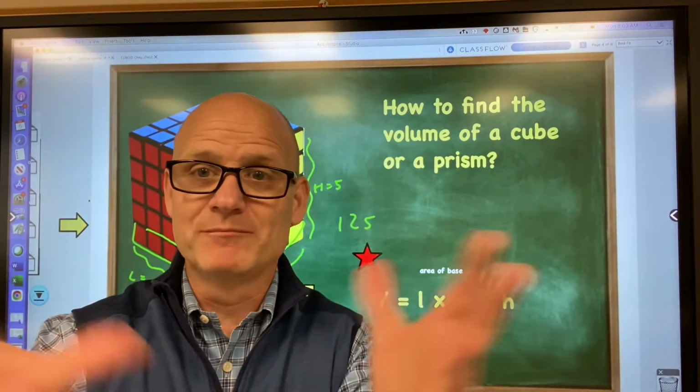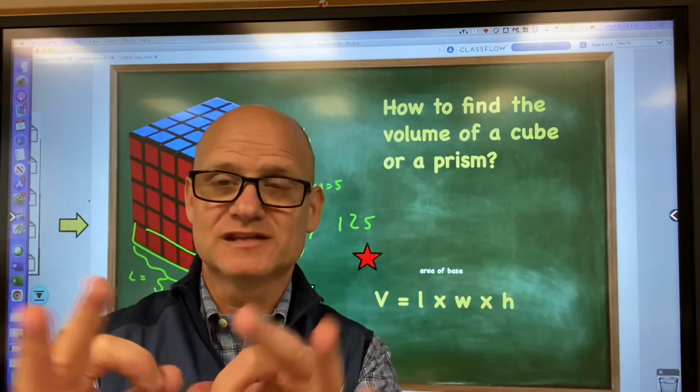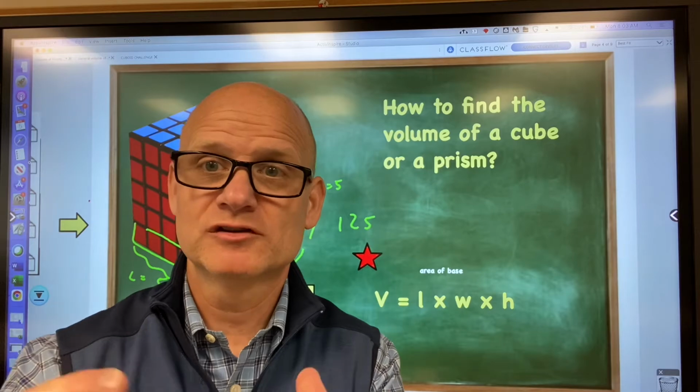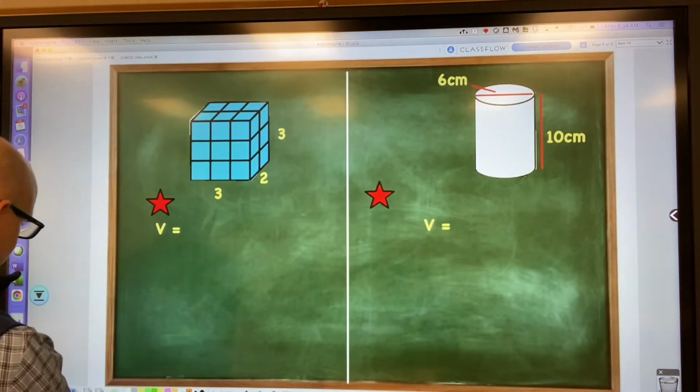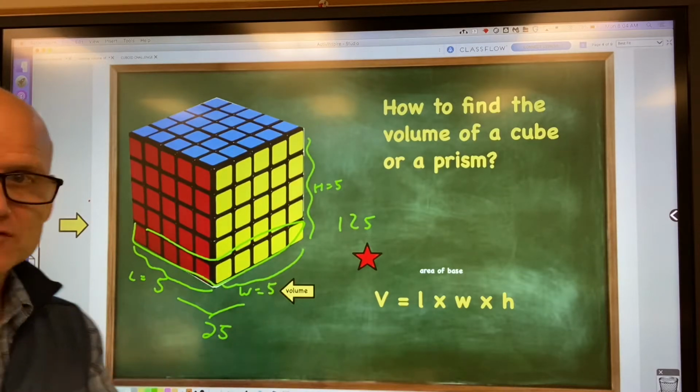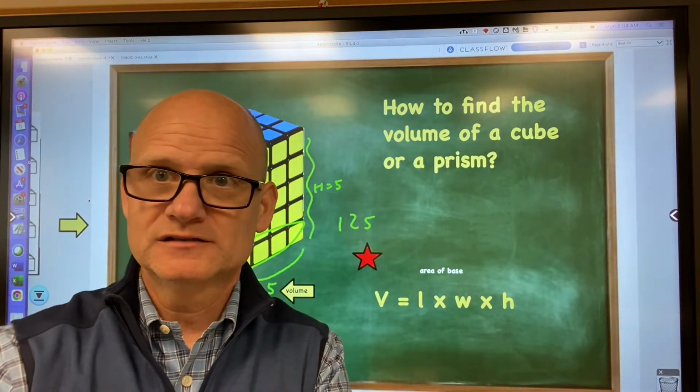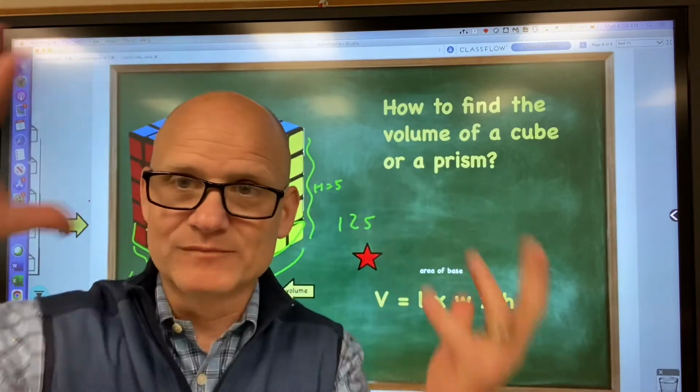Another word for volume is capacity. When you measure things in volume, you measure them with cubes. You use actual little cubes to count how many take up that space.